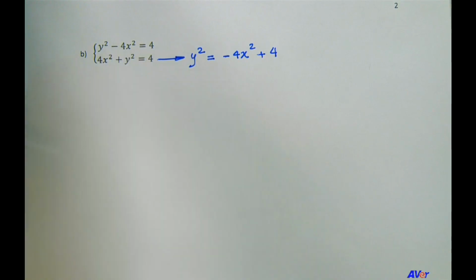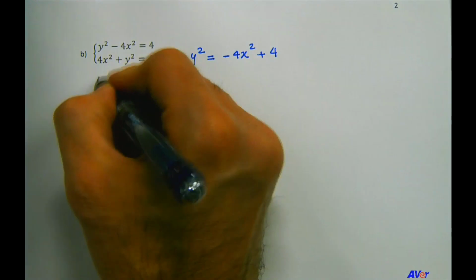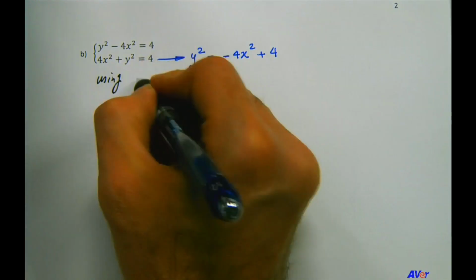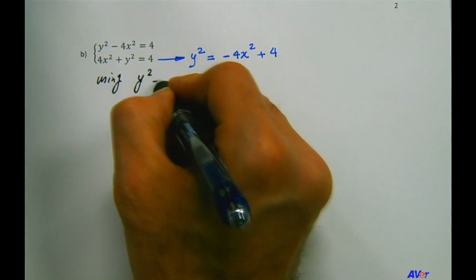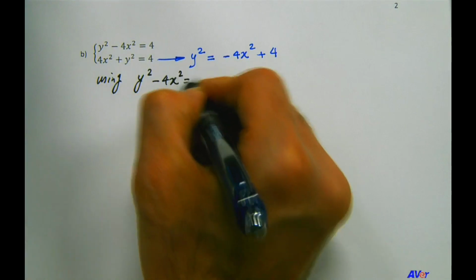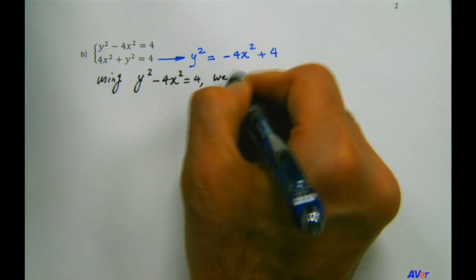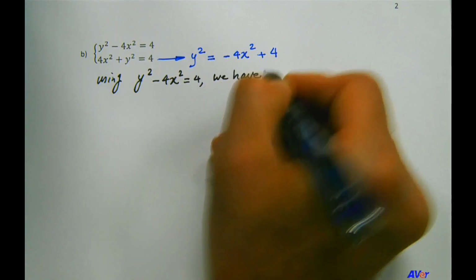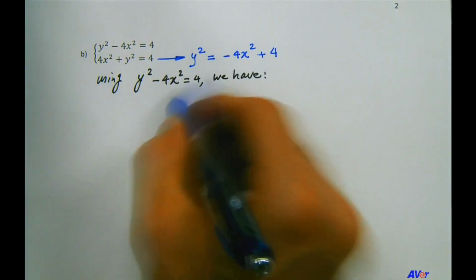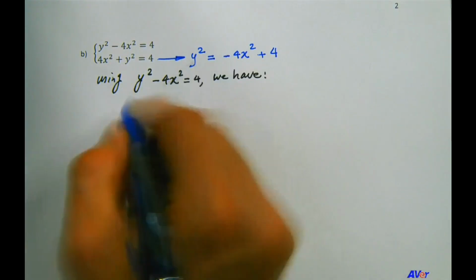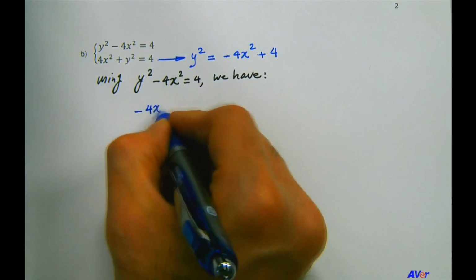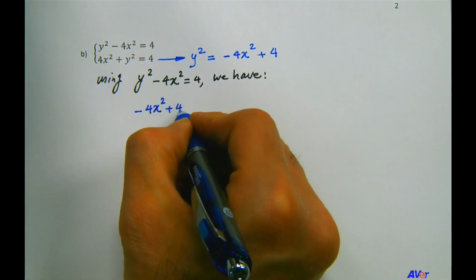Okay, so using y squared minus 4x squared equals 4, I'm going to substitute all of this for y squared: minus 4x squared plus 4, right?